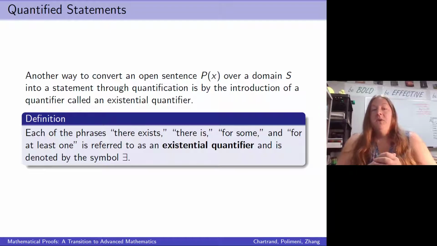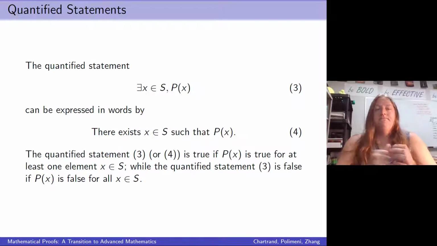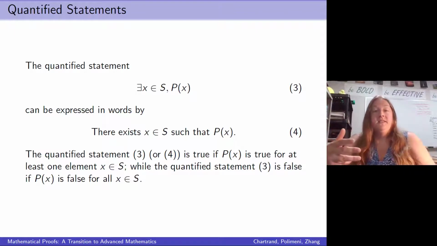So there are lots of phrases we can use here: there exists, there is, for some, for at least one. Take your pick. Again, I tend to say "there exists" a lot to help me remember the backwards E for my symbol. Here again, I have the quantified statement written two ways, one with the symbol, that backwards E, and the second way in words: there exists x in S such that P of x.